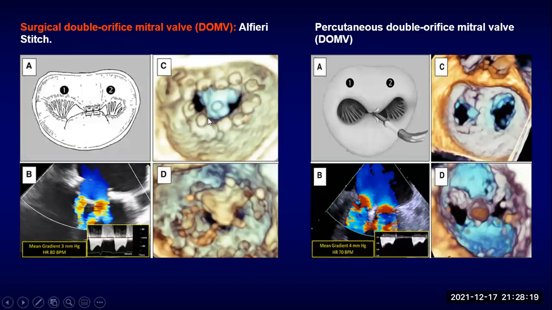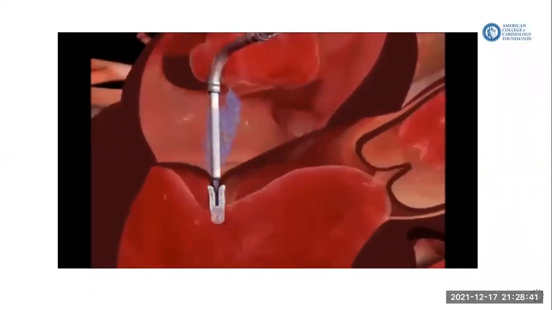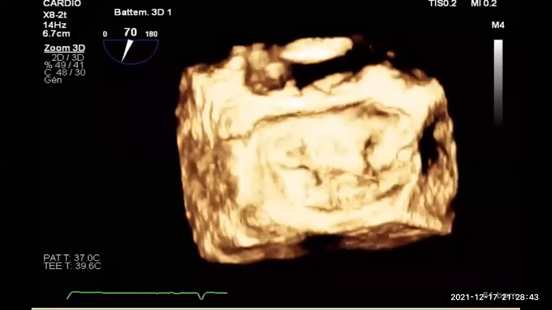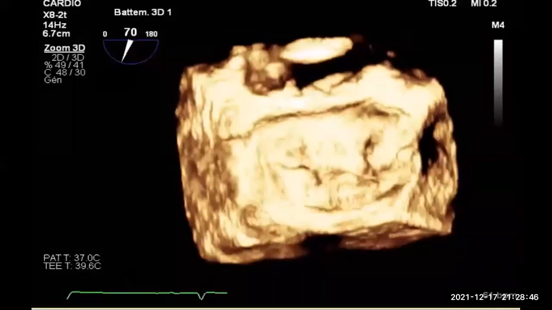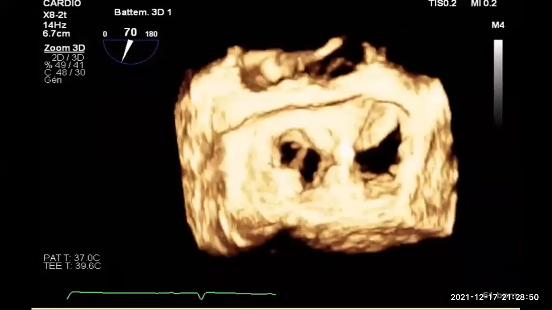And sometimes with surgical procedures like the Alfieri stitch for mitral regurgitation, we can create a double orifice mitral valve. And even in the adult population nowadays, with percutaneous mitral clip procedures, when clipping the mitral valve to decrease the regurgitation, we can have this shape of the double orifice mitral valve post mitral clip.